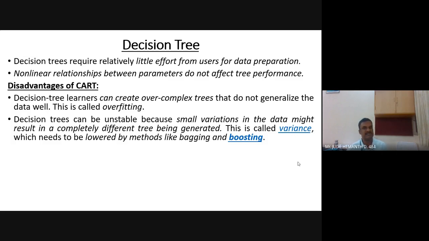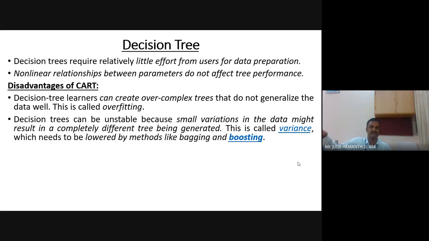Decision trees can be unstable, because small variations in the data might result in a completely different tree. When I add some more data, say for example, I am checking for the people who survived, male or female. Now, if I include some objects in that Titanic ship, say for example a diamond or a costly object, and put it in the data, then I will not know what my main objective is.